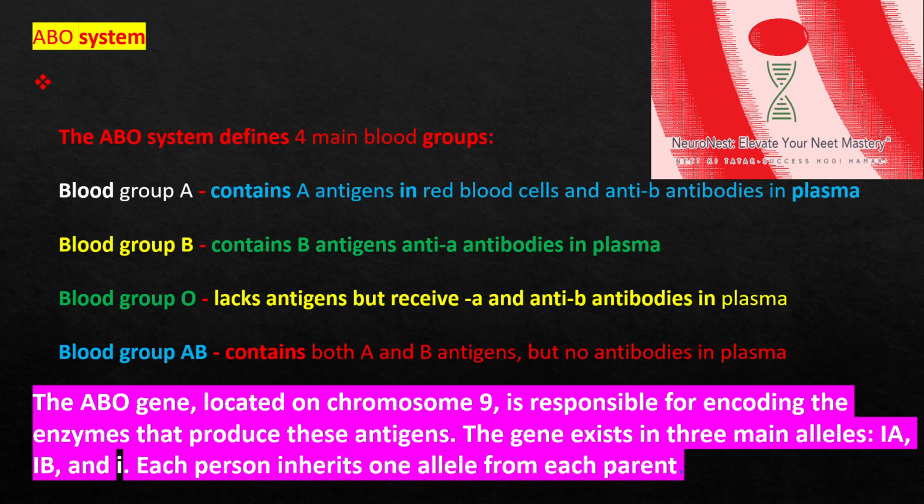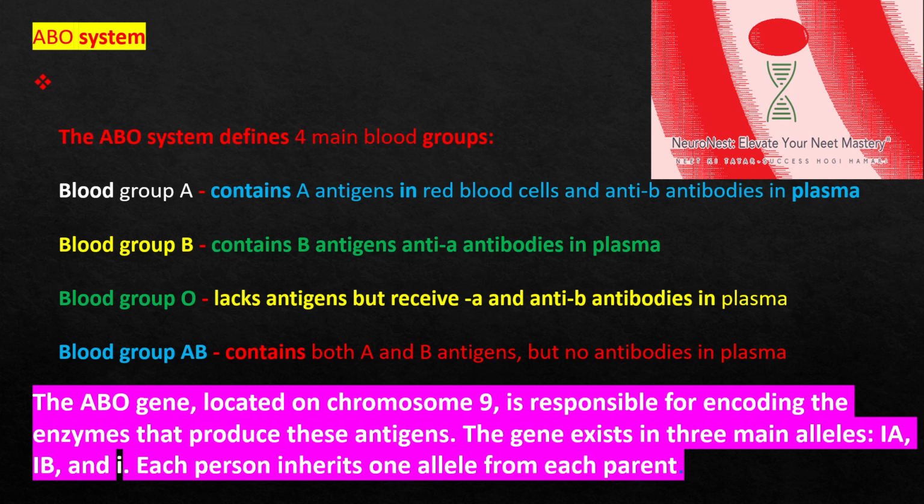Blood group B contains B antigen in RBC and anti-A antibody in plasma, whereas blood group O lacks antigens but has both anti-A and anti-B antibodies in plasma.